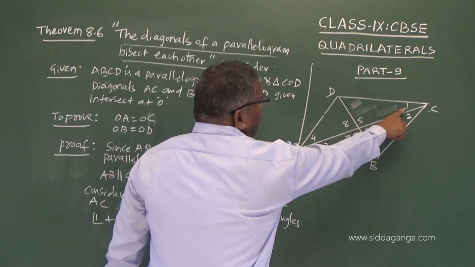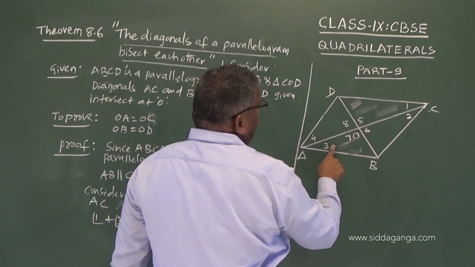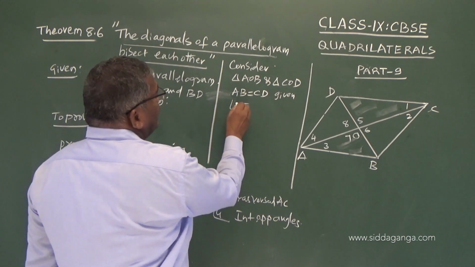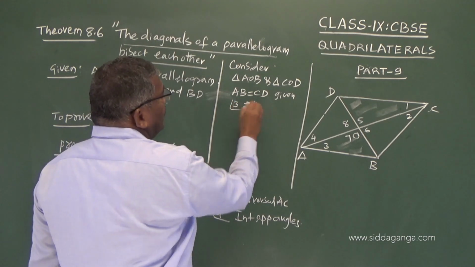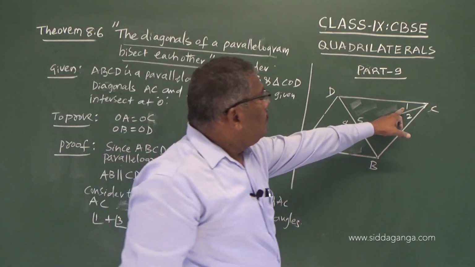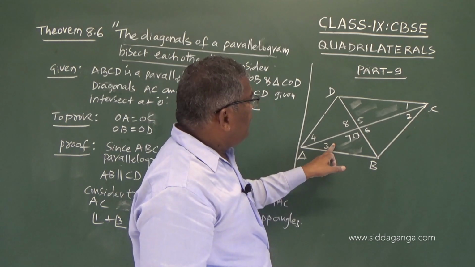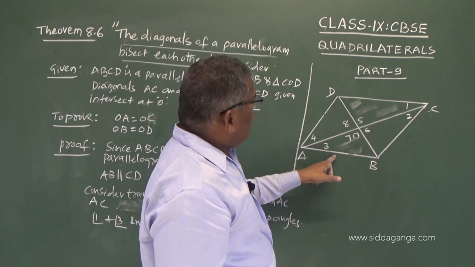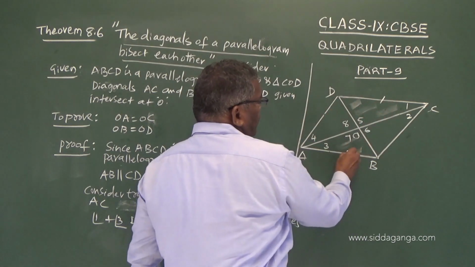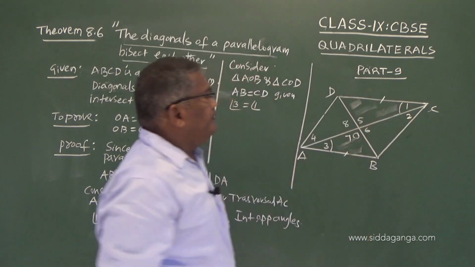So this angle 1 of this triangle is equal to angle 3 of triangle AOB. So I will write angle 3 equals angle 1. So one angle and one side are equal in these two triangles.